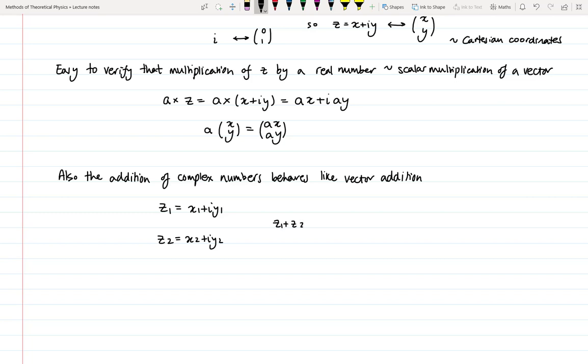Now z1 plus z2, its real part is given by x1 plus x2, and its imaginary part is given by y1 plus y2. And pictorially, we basically have that some vector describing the complex number z1 added tip to tail to the vector corresponding to the complex number z2 gives you the complex number z1 plus z2.